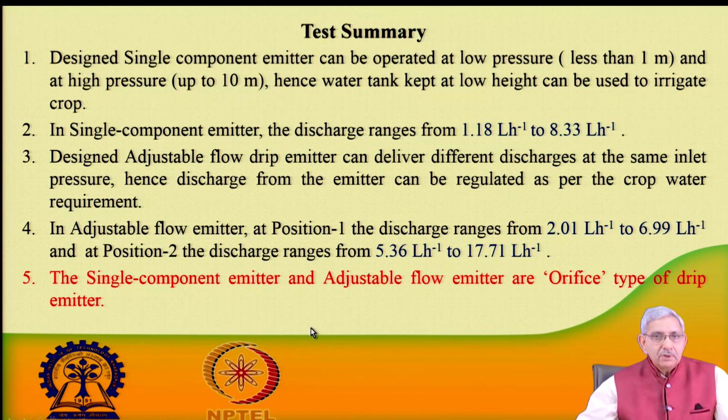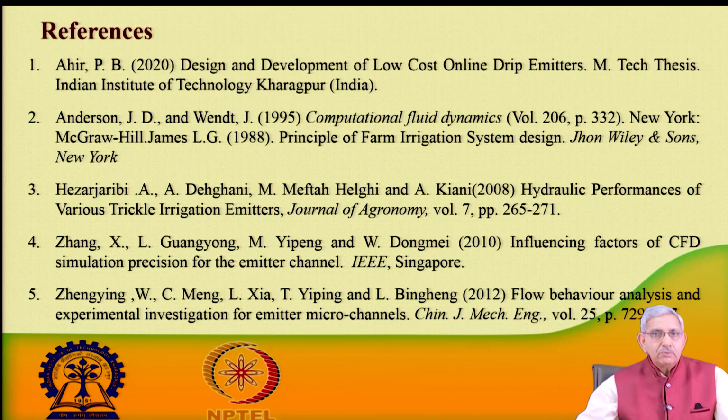The single component emitter and adjustable flow emitter are orifice type drip emitters, as we have seen that the exponent is 0.55. For more detail you are advised to go through these references so that you get a better idea.